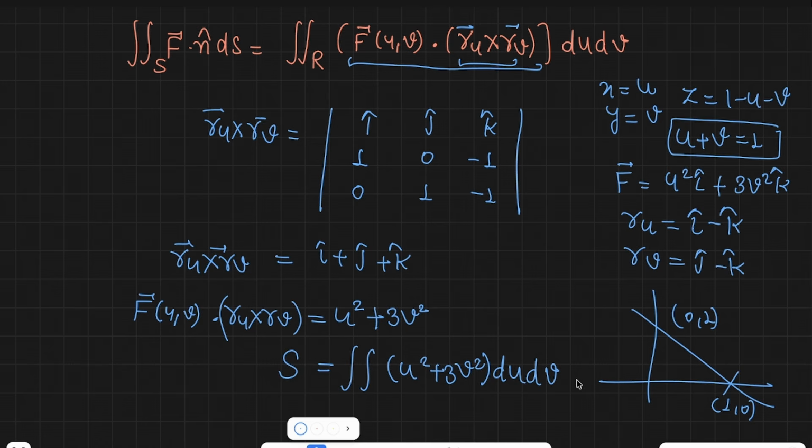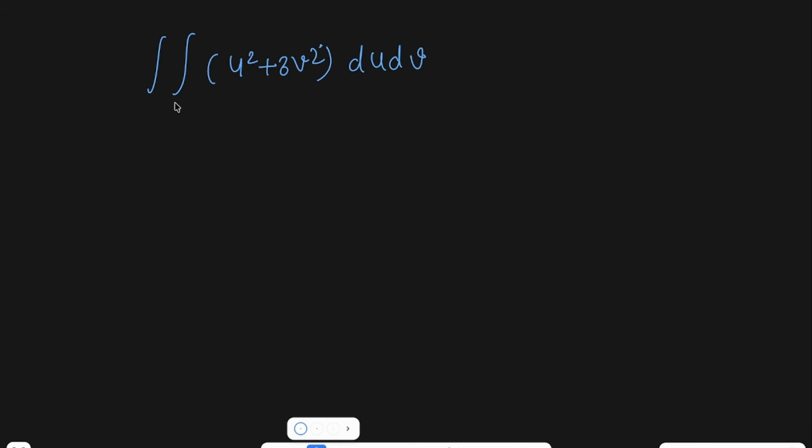If I write du dv, the first limit will be u from 0 to 1 minus v, because u plus v equals 1, and v will be from 0 to 1. Once you solve this, you will get the solution as 1 by 3. So this is the answer.